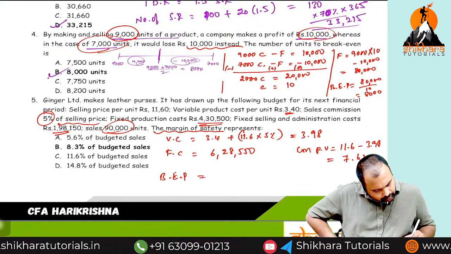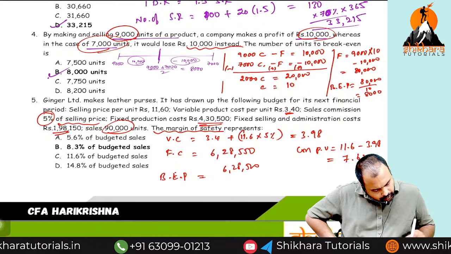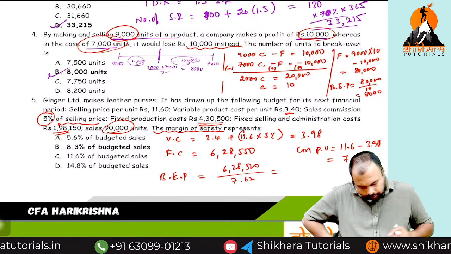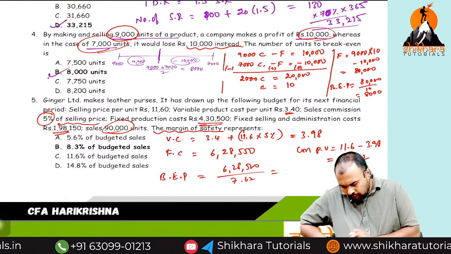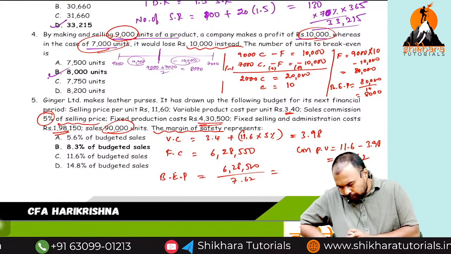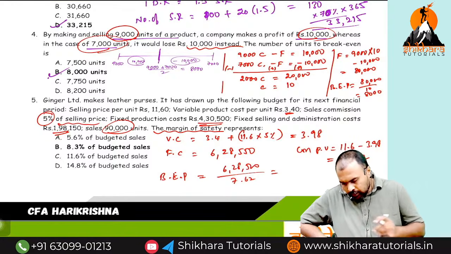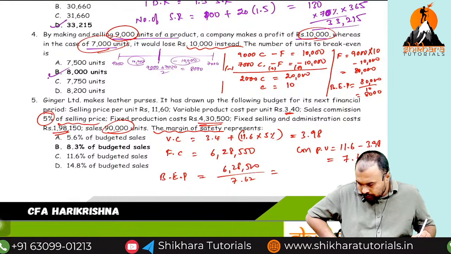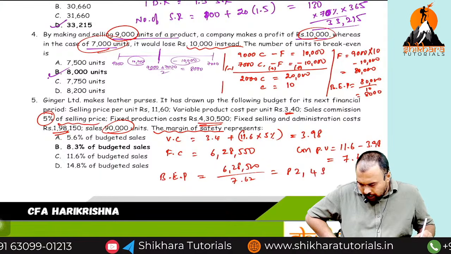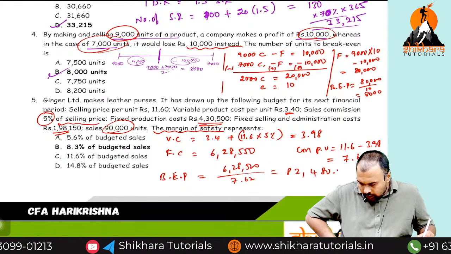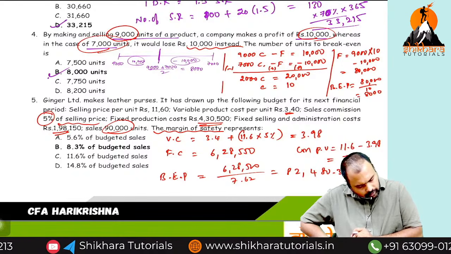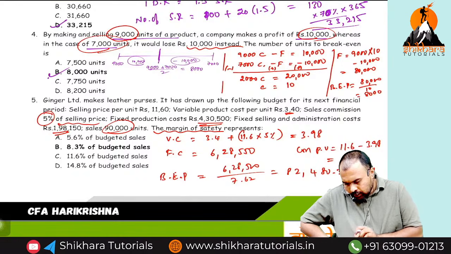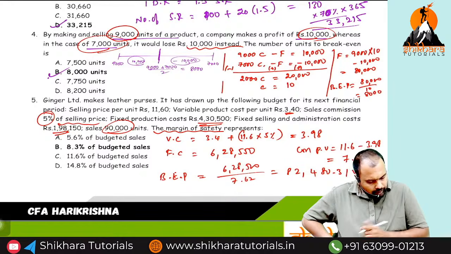Break even point units is equal to 6 lakhs 28,500 divided by 7.62, which is 82,480.31 units. Then minus 90,000.